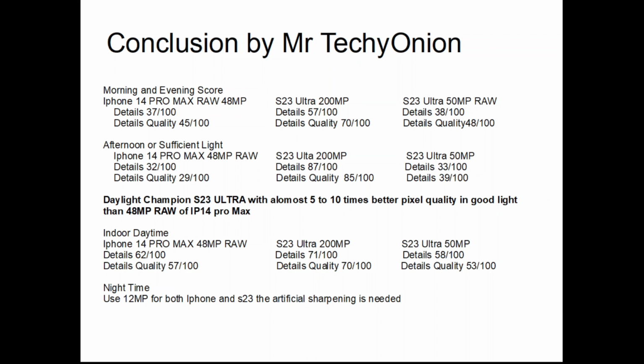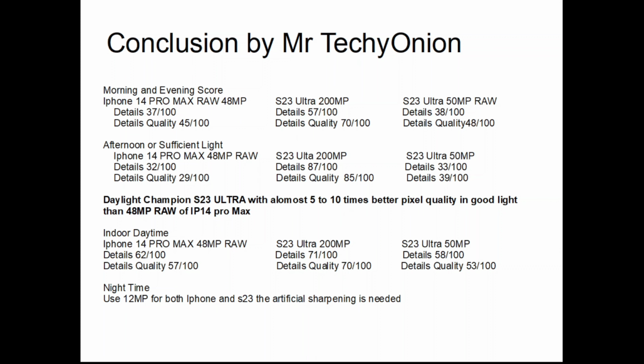The S23 Ultra 200 megapixel in sufficient light, guys, the details was 87 out of 100, and the details quality, 85 out of 100. That was just like a DSLR. Like, it's literally a DSLR. And the S23 Ultra 50 megapixel details was 33 out of 100, almost the same as the iPhone.